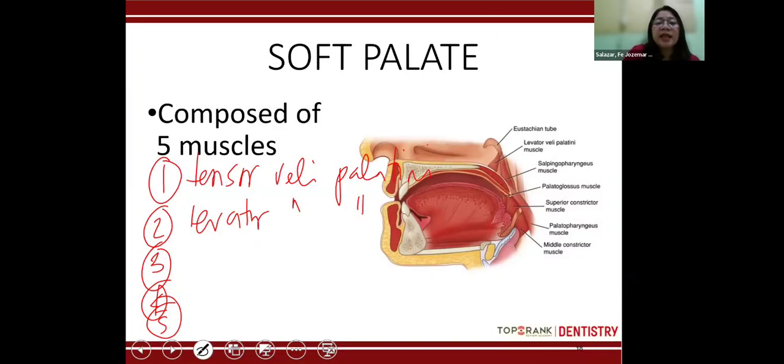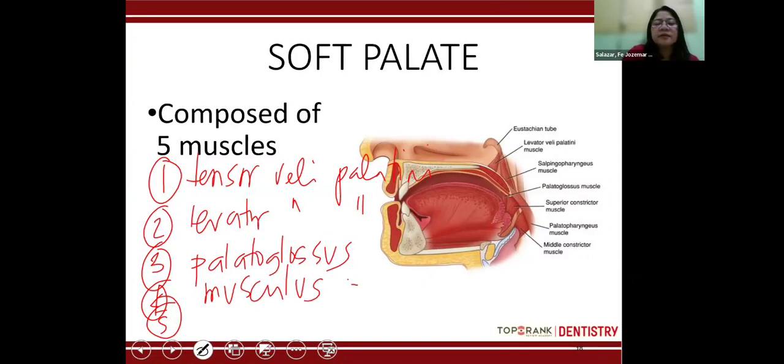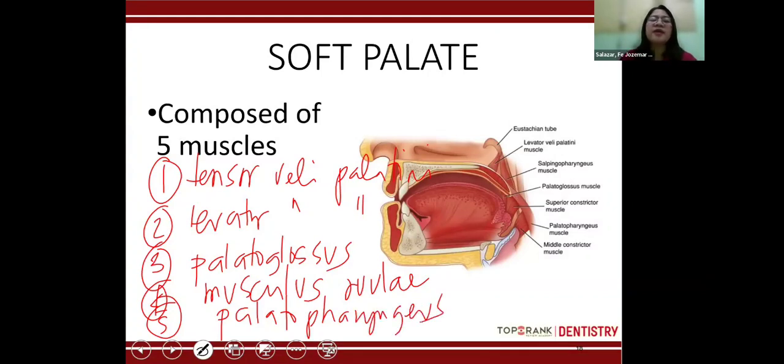Kanina, yung sinabi natin, palatoglossus, di ba? So, yes, you have your musculus uvulae. Okay, and yung isa is palatopharyngeus. Yes, very good. Okay, so these are the 5 muscles making up the soft palate.